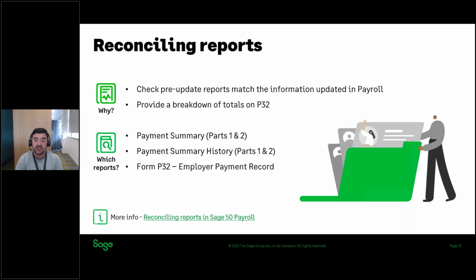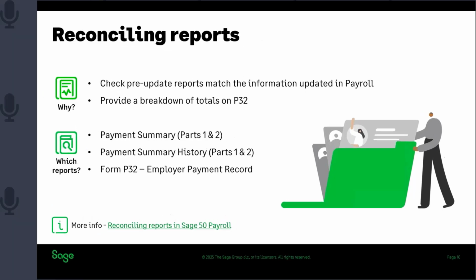So reports I'm going to show you today are the payment summary, parts 1 and 2. Those are the pre-update reports that you would do each time you run a payroll. And we're going to compare that with the payment summary history reports. And we'll also link that back to the P32. So let's just jump back to the demo for this section.